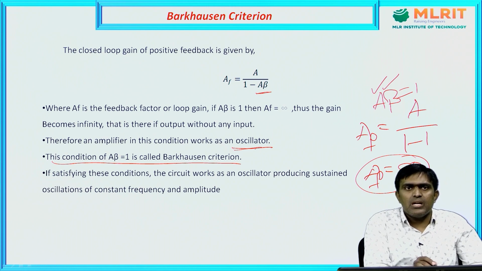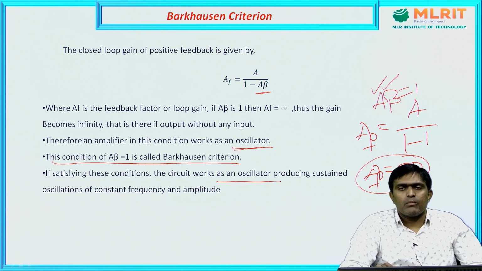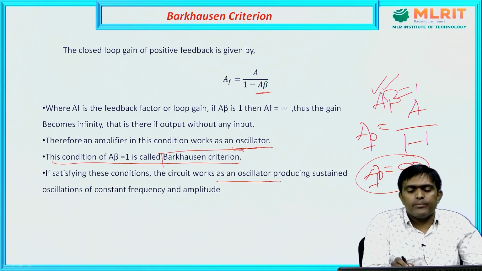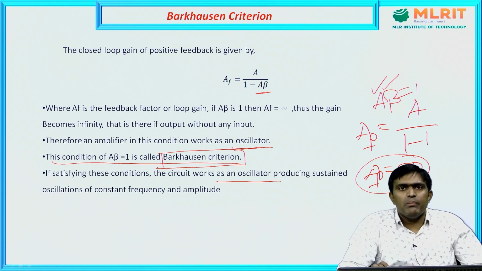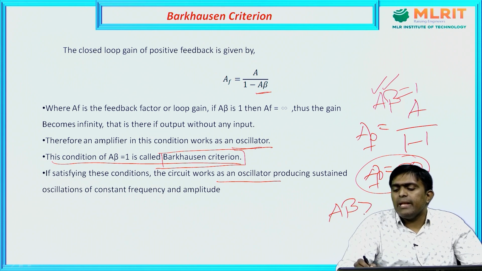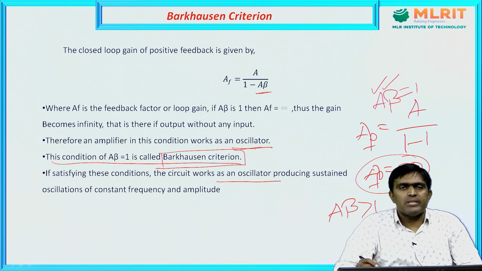This condition is called Barkhausen criteria, and it lets our circuit work as an oscillator. Very important: A beta should be equal to 1, or slightly greater than 1, not more than that.